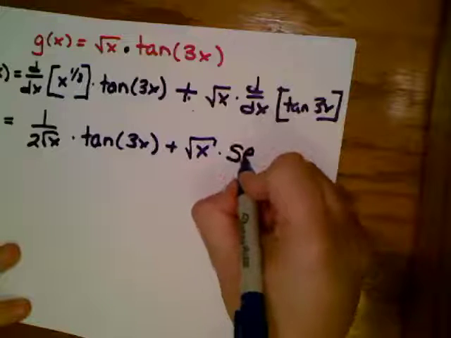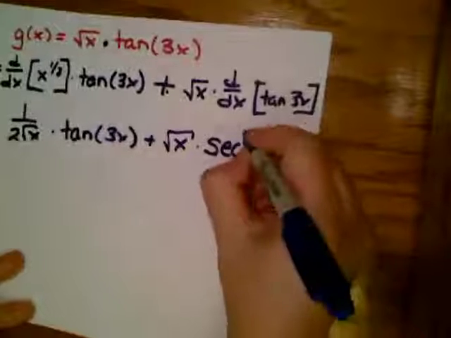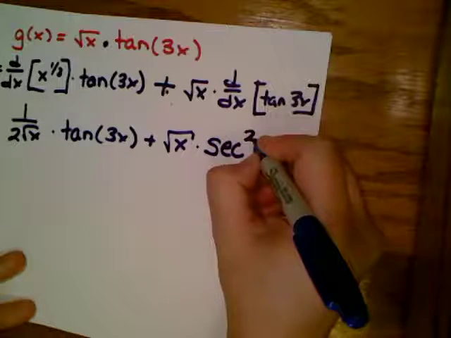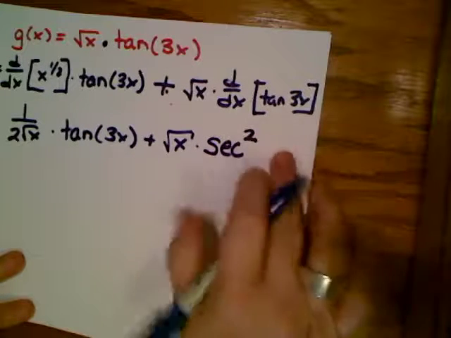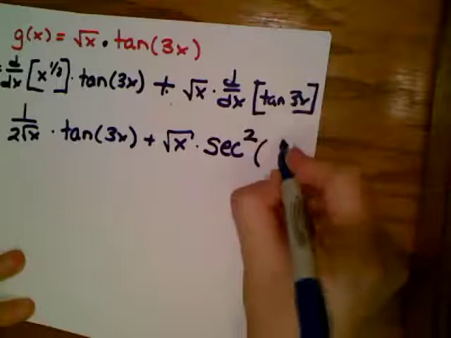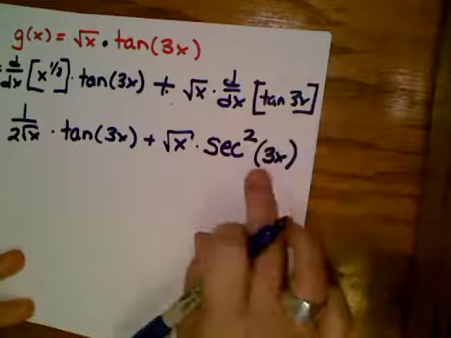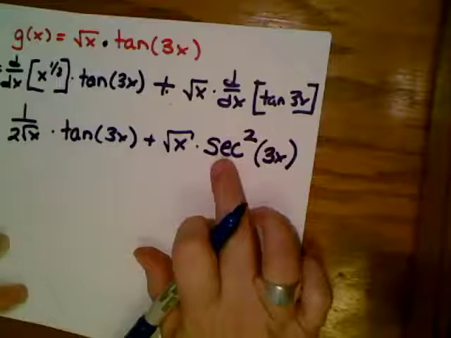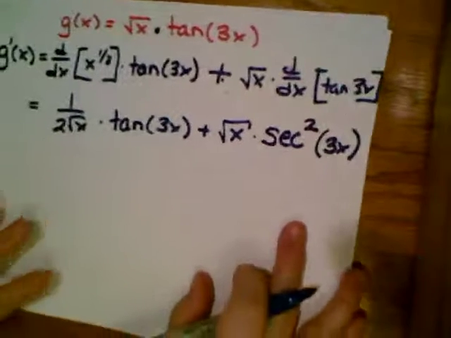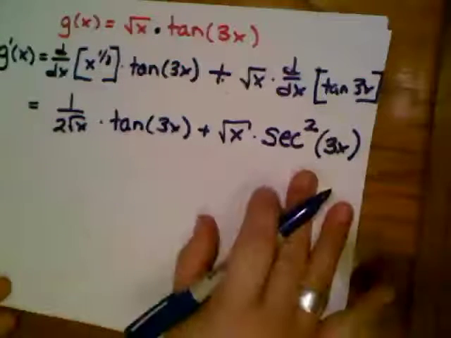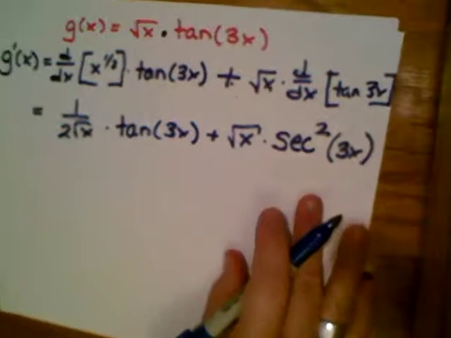Our memory fact: we know the derivative of tangent is secant squared, but we don't leave the input blank. We need to go back and pick up that argument 3x as the angle to which secant squared is applied. Now this second blue answer is fine.